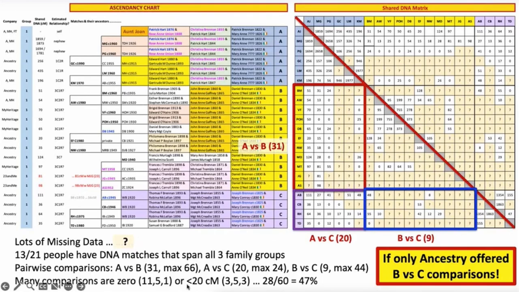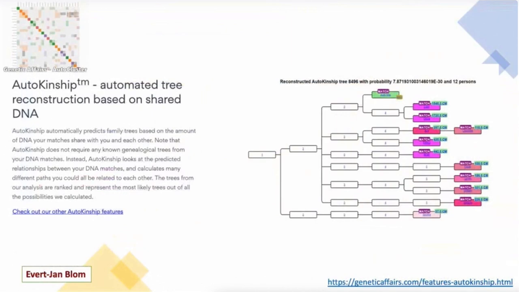Also, many of the comparisons are 0 or less than 20 cMs, and that's 47% of the total sample. So I'm really trying to squeeze the last bit of juice out of the DNA before it disappears into the 1750s. And that also creates problems, because with low amounts of DNA, the results are not going to be as reliable.